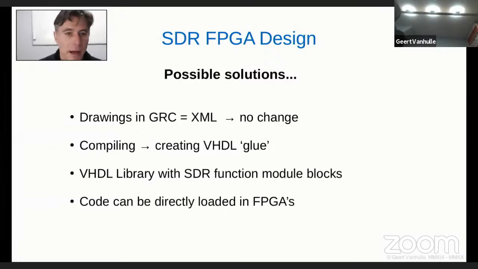And then this resulting code, we can load directly into the FPGA, and we would have an SDR system running directly on the FPGA coming from our flow graph. So this would be a very good solution.